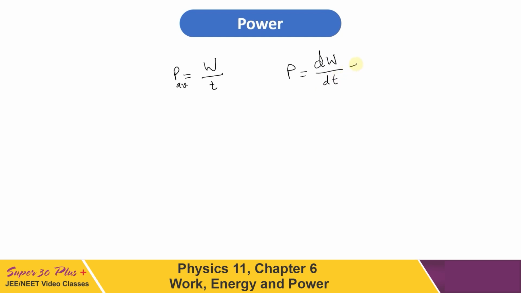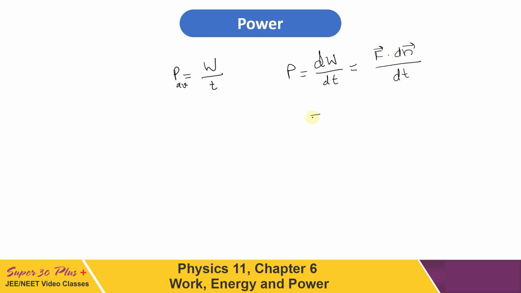If we are interested in its vectorial representation, power itself is not a vector, but as work can be expressed as a dot product of two vectors, so can the power. In vector form, dW can be written as F dot dr upon dt.